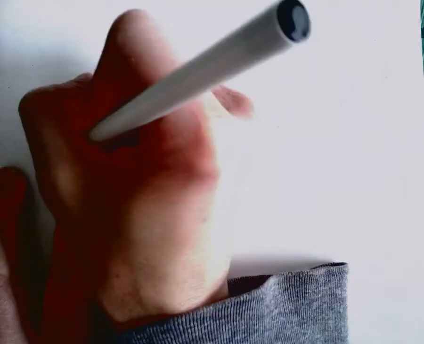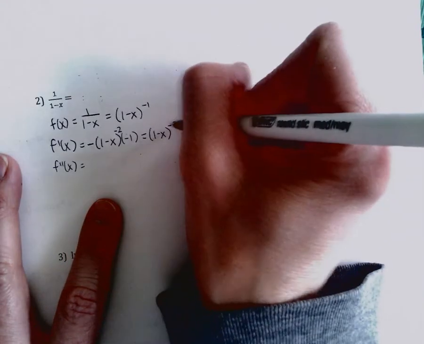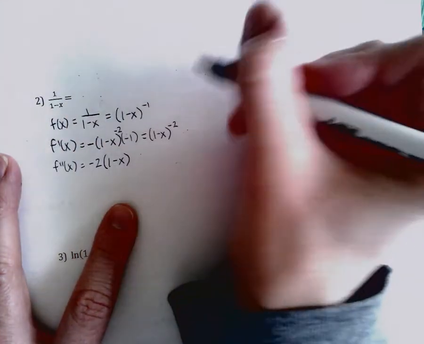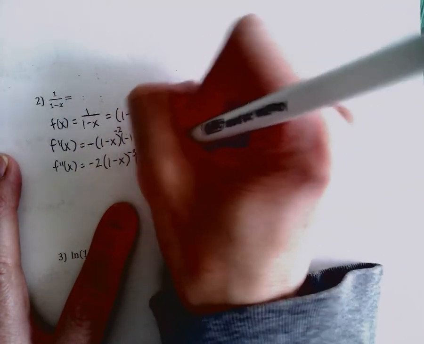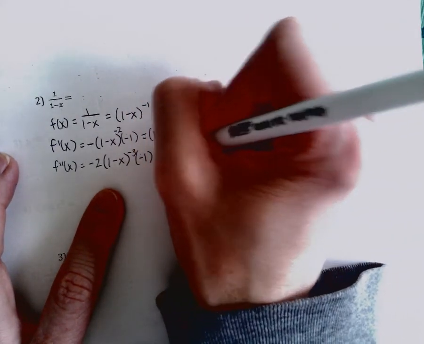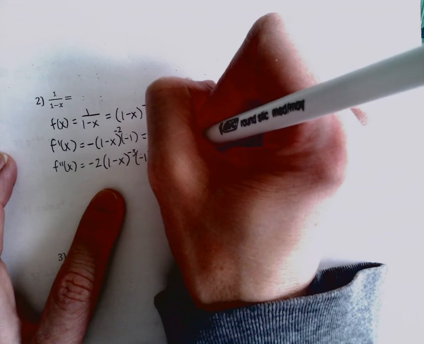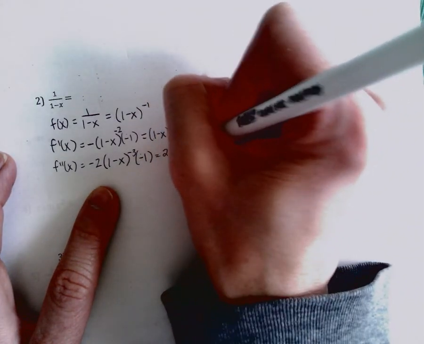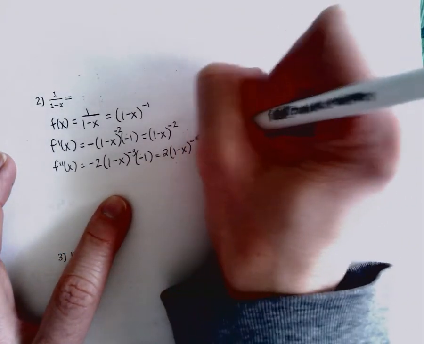Okay, then f double prime. So we bring down the negative 2. So negative 2 times 1 minus x to the negative 3 times negative 1 again for the chain rule. Okay, so I have 2 times 1 minus x to the negative 3.